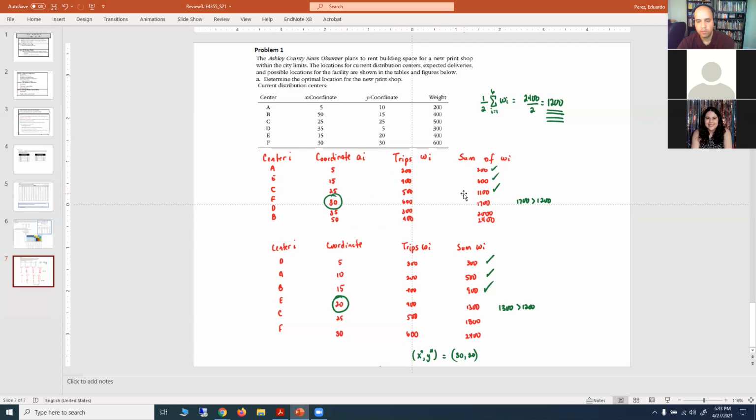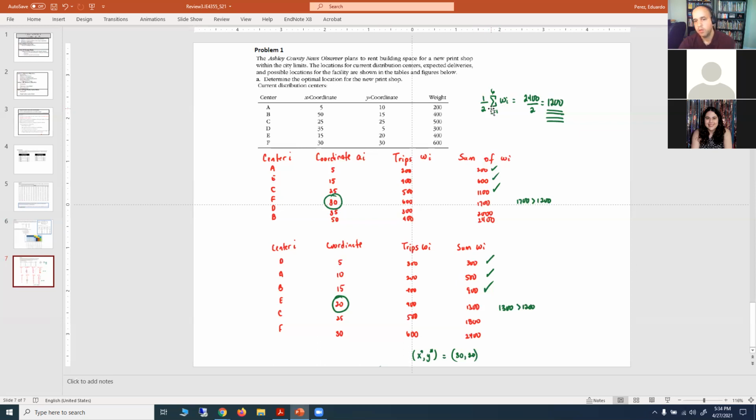Okay, so we do the same thing for the Y coordinate. Okay, so we sort based on this coordinate, and you see the information now for this is again sorted based on the coordinate. And the measurement that we are going to use to identify the X and Y coordinate for this new facility is going to be based on this formula.